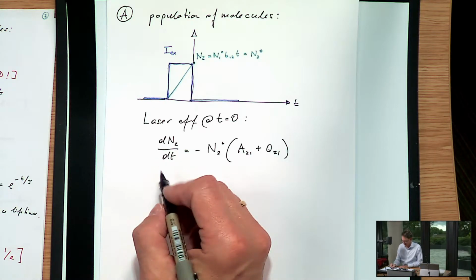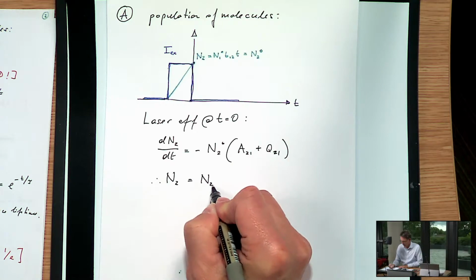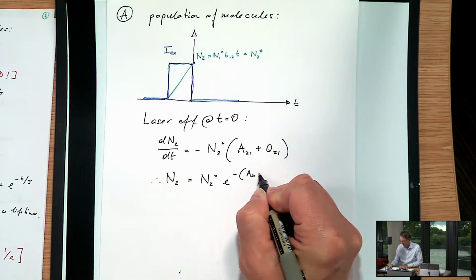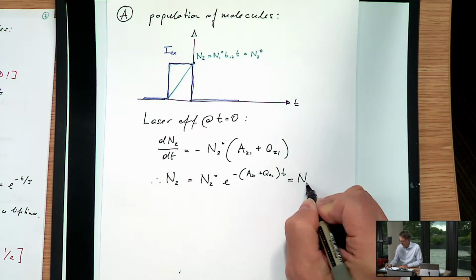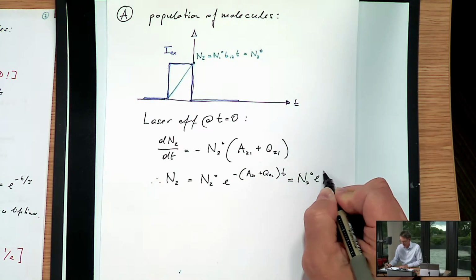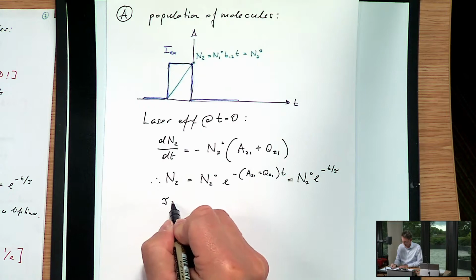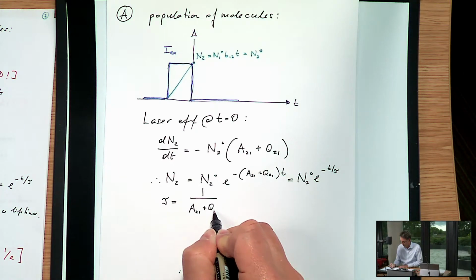So you can solve this equation, and that means that N2 is equal to N2 naught times e to the minus (A21 plus Q21) times t, or N2 naught times e to the minus t over tau. And tau is here 1 over A21 plus Q21.